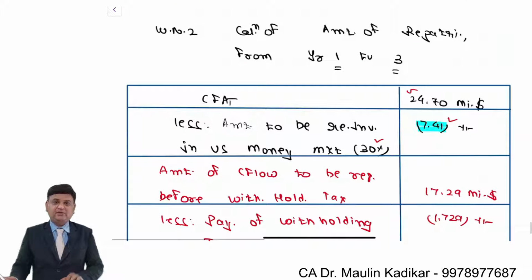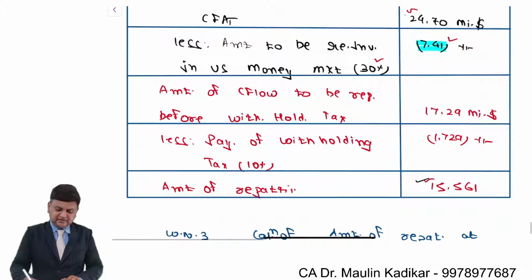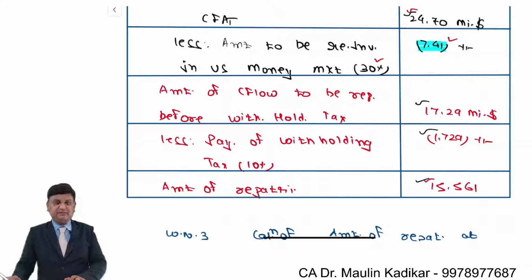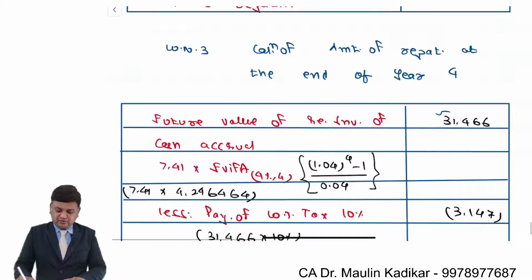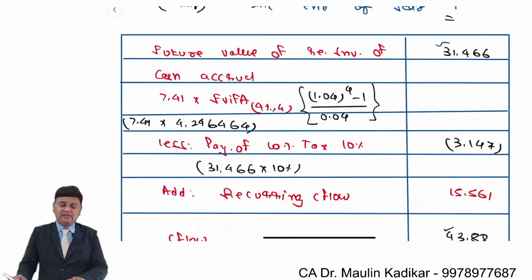Amount of the repatriation during the first 3 years: whatever is the CF18, 70% of that is supposed to be repatriated, and before repatriation, 10% is the withholding tax. Fourth year repatriation is further important. We can say that's the future value of the internal cash accrual at the end of the fourth year.